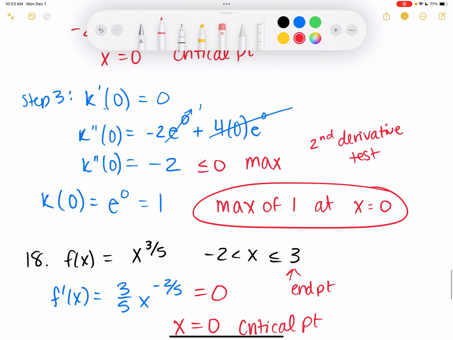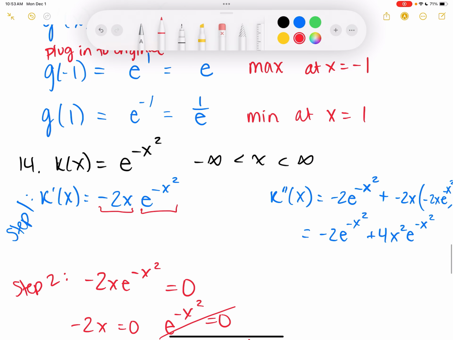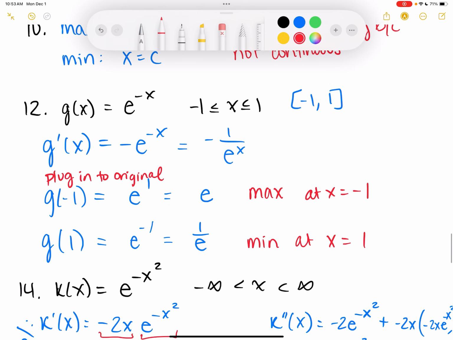Okay. So it was a little bit different, obviously, with this problem. We used the second derivative test because it was closed or open interval. Up here, if I chose like 0, well, e to the 0 is just 1. So f of that was less than this value, which made this a max.